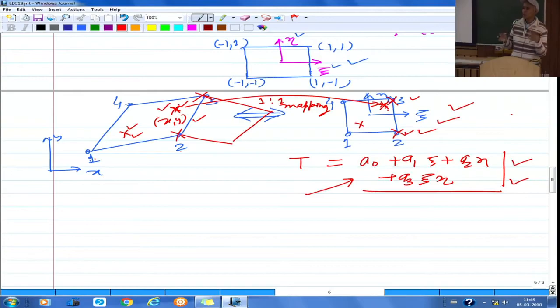So now we have two interpolations: one is the interpolation of the independent coordinates x and y, and the other is the interpolation of your dependent variable, that is the unknown temperature in this case. So it depends on what kind of interpolation you use for your x, y coordinates, which describe the geometry, relating the geometric coordinates of points in the physical space and the natural coordinate space.